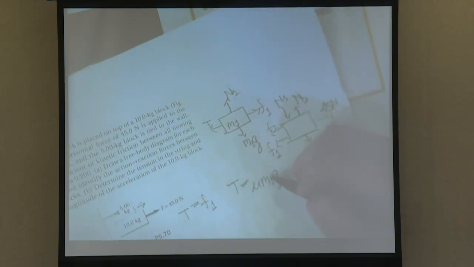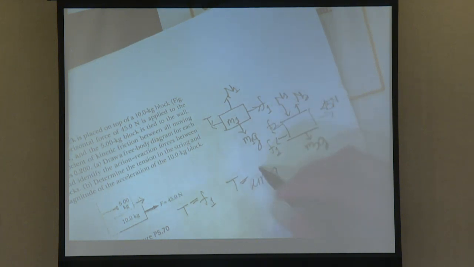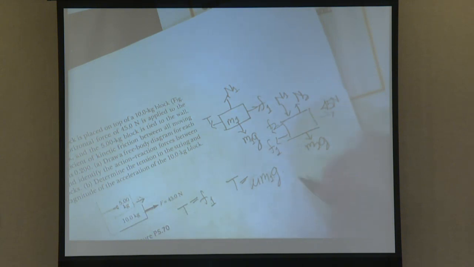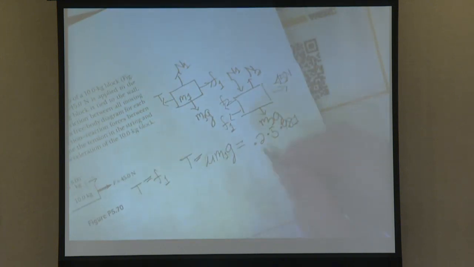This is the normal force, mass times gravity, and then the coefficient of friction, which they give to us, is 0.2. So we have 0.2 times 5 times 9.81, and that's going to be equal to 9.80 newtons.